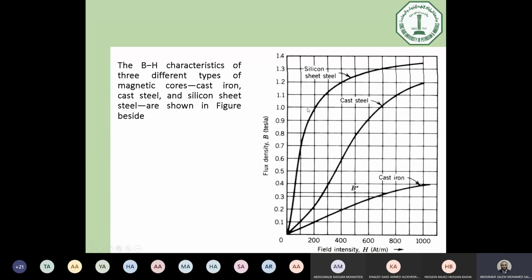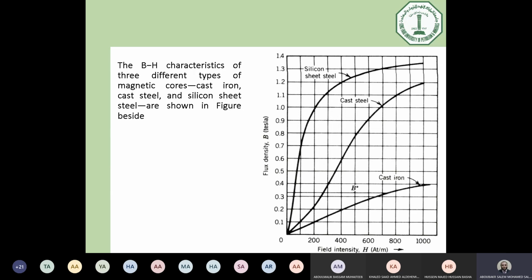In this region here, we are going to pay less current and get a high value of flux. However, here, if we reach, for instance, 1000 ampere turn per meter, we will pay a lot of current. However, the increase in B will not be very high. And also in this region, you will have a lot of harmonics in electrical machines.